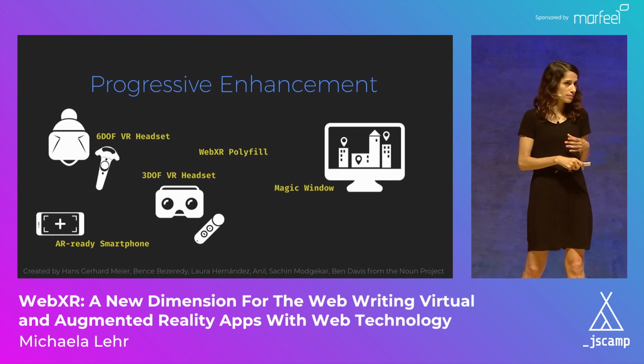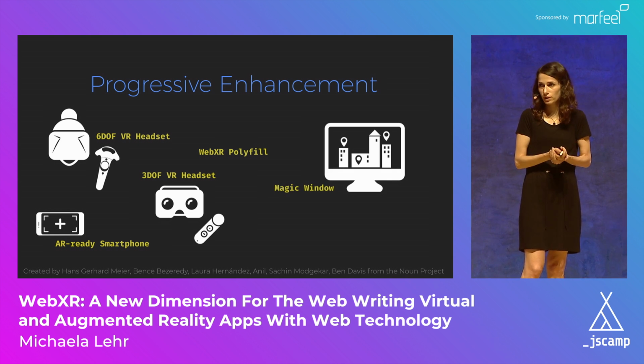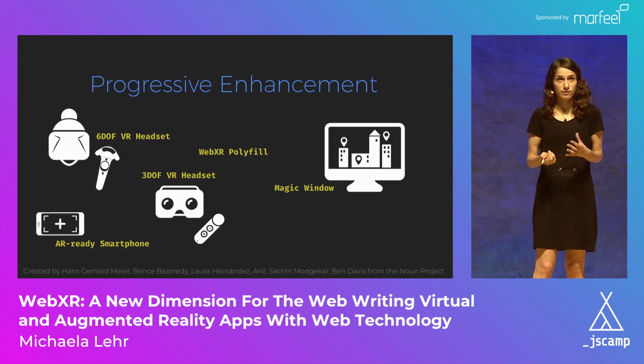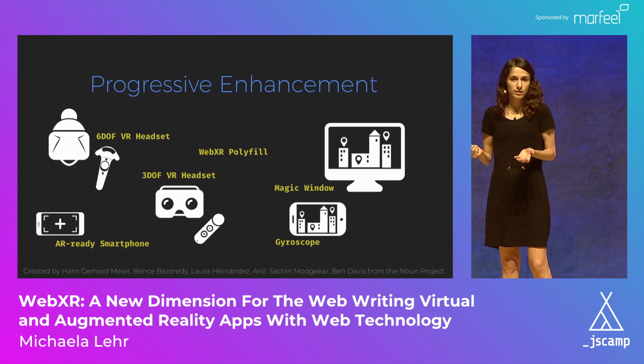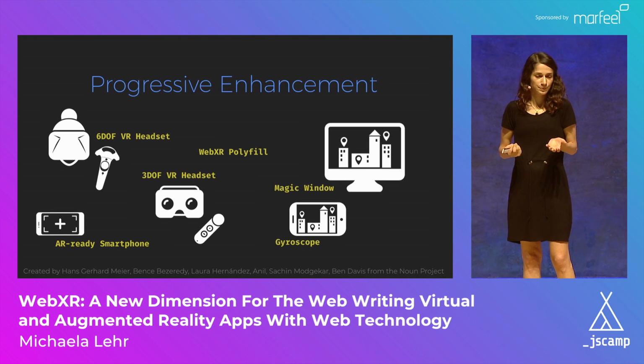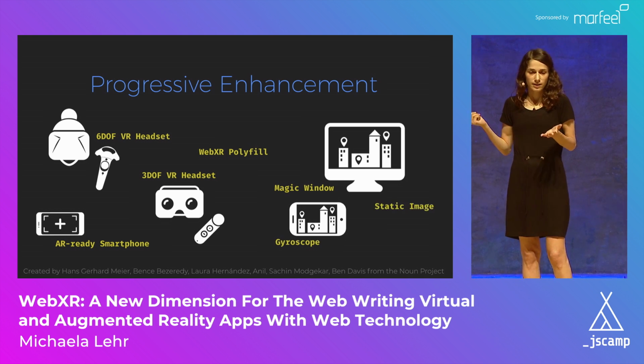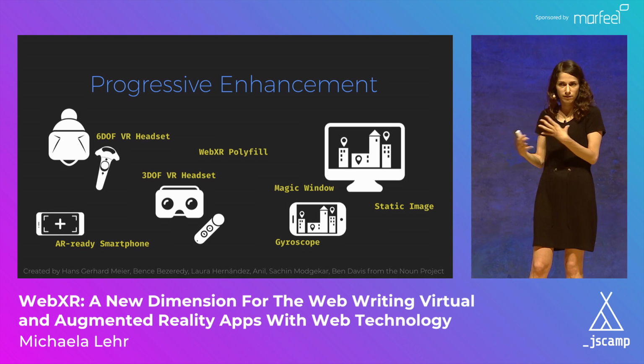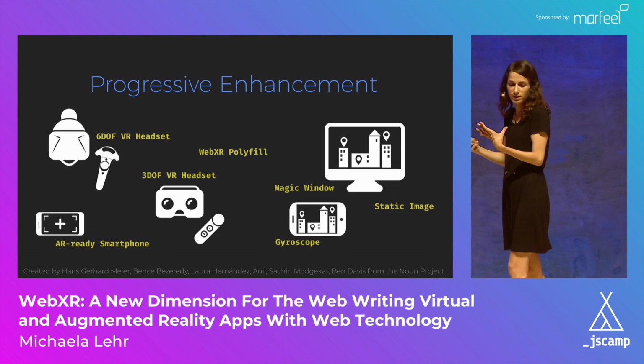You could also use the magic window on a desktop computer or on your mobile phone, where stereoscopic rendering does not make sense. And if you have devices that do not support rendering 3D at all, you could just show a static website, a static image, a video, and so on.